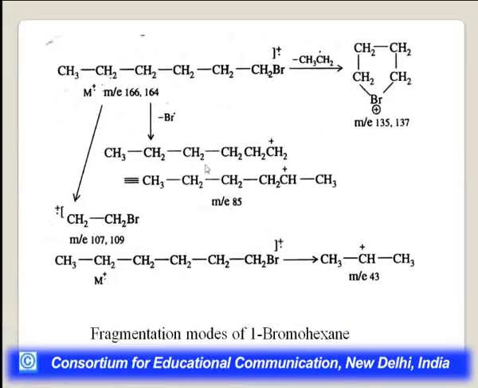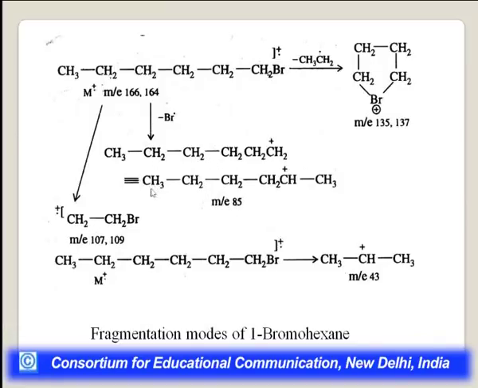This is another molecule and it shows a different fragmentation pattern like this. This is the molecular ion having mass to charge ratio 135, 137, and by elimination of this kind of radical you will get this kind of cation.